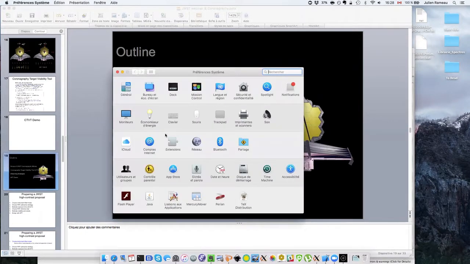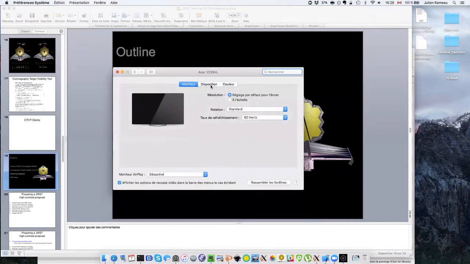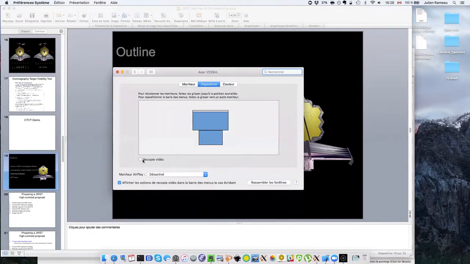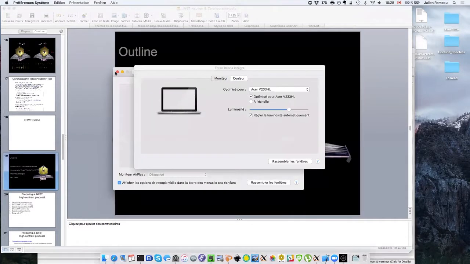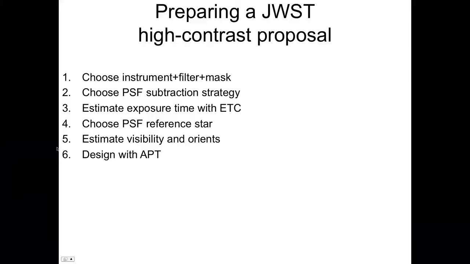So I will talk about the observing strategy that is necessary for the coronagraphic or the AMI observations. All right. So basically when you want to design your observation with James Webb for a high contrast purpose, you have to go through basically 6 steps.